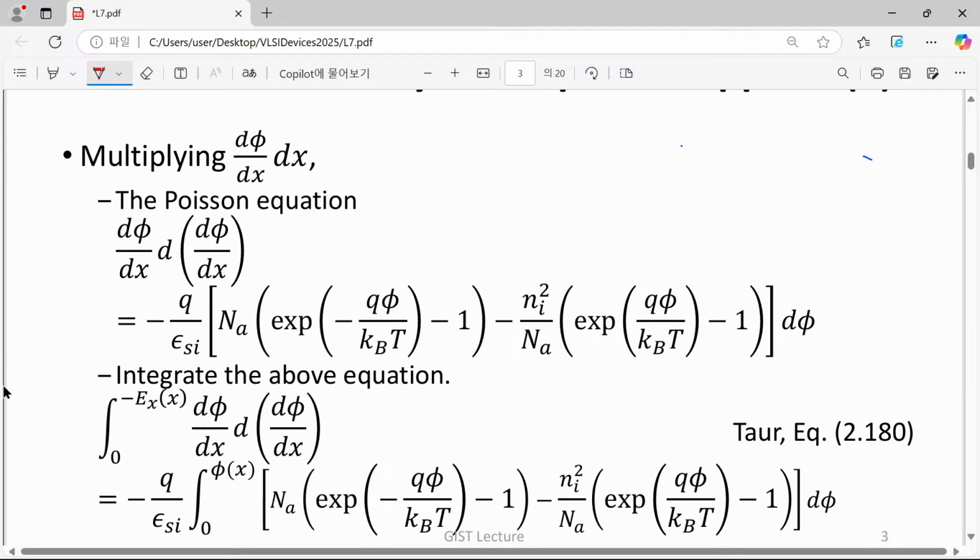Let me just do it together with you. Here now we have d phi over dx, and previously we had a second derivative, and now we have dx.